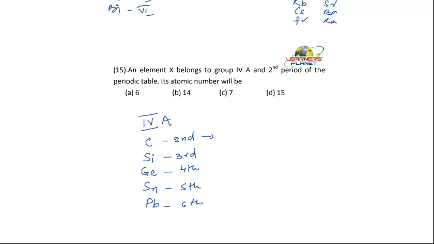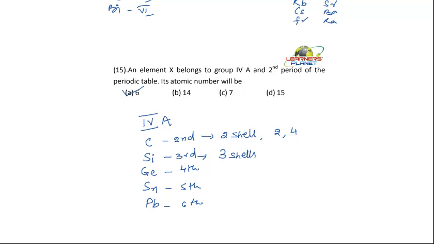So the element present in the second period, what is it, students? It is carbon. And it has the atomic number. How many shells are there? There are second period here. So what will be the number of shells? 2 shells. Fourth group is there. So how many electrons will be there in the outermost shell? 4. So 2 plus 2 and 4. So what is the atomic number? 6.